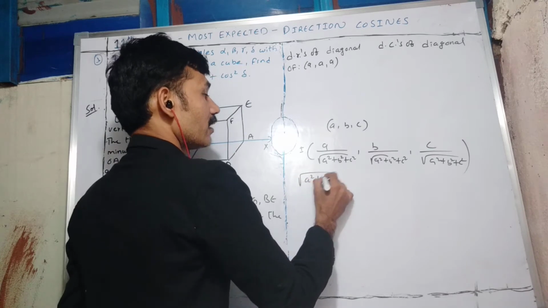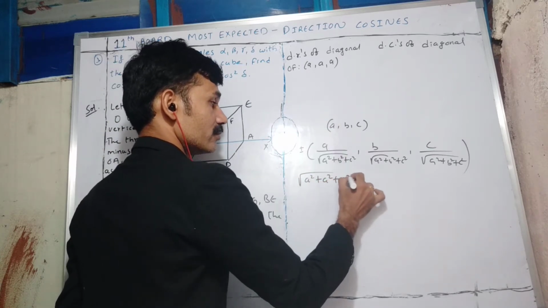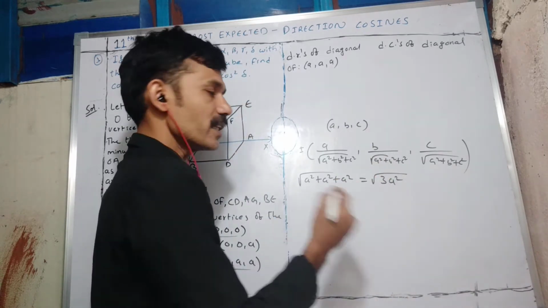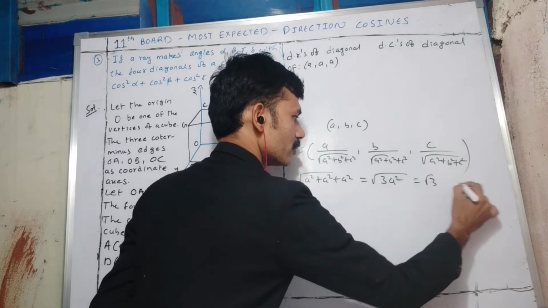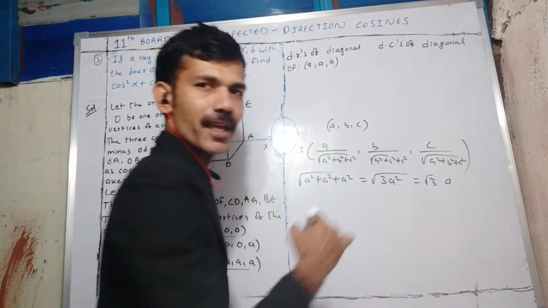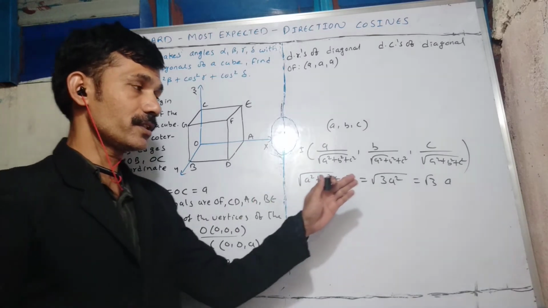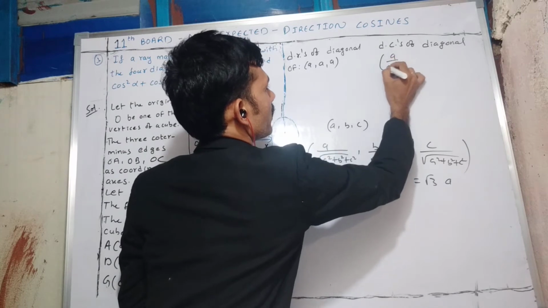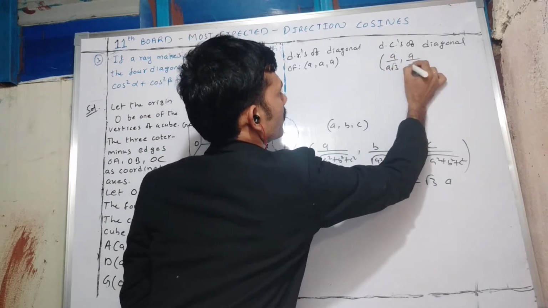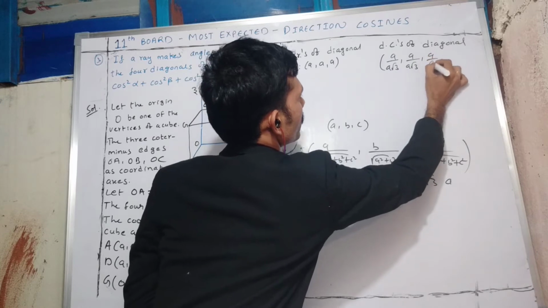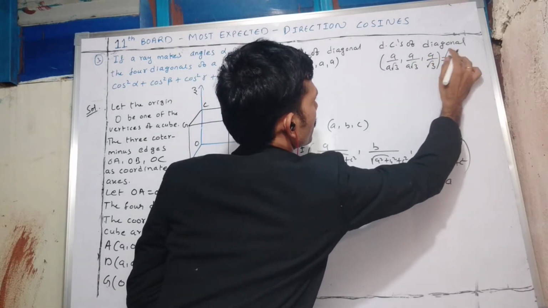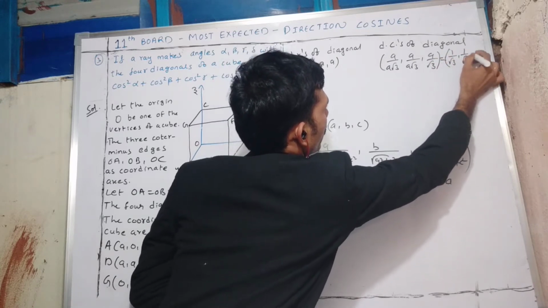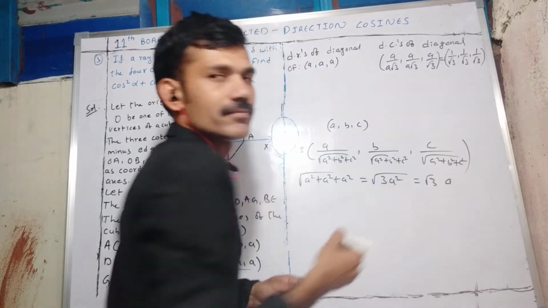Here all the side lengths are equal, it is a cube, so this will be root of 3a square, that is root 3 times a. If I divide, each is a upon a root 3. So the direction cosines of OF are 1 upon root 3, 1 upon root 3 and 1 upon root 3.